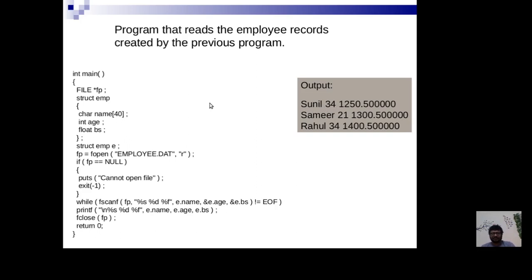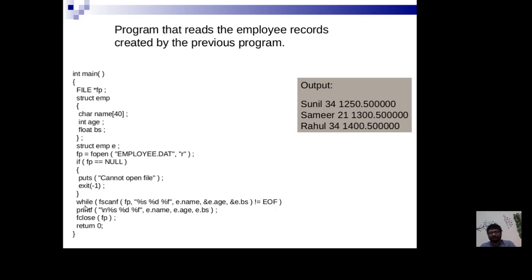This is exactly the structure that we defined in the last program, and E is a variable of type struct emp. We open the file now in read mode because we want to read from it and print. If the file open fails, then we print an error message and exit.